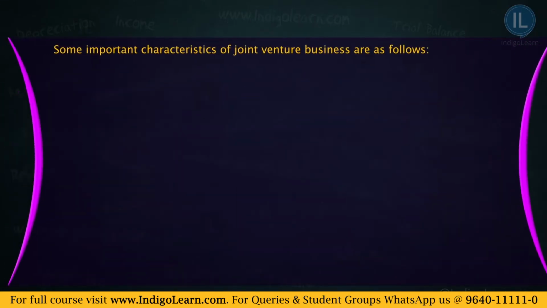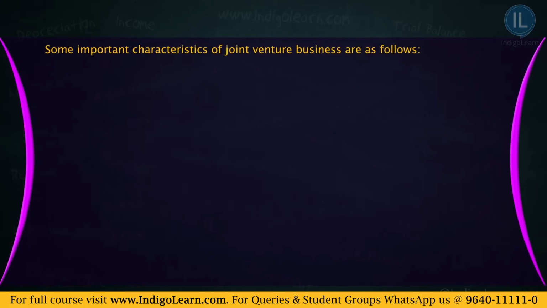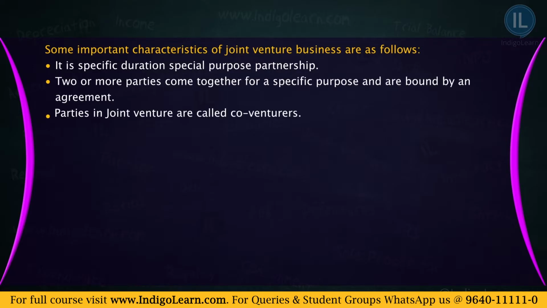So to summarize the characteristics of a joint venture, the first one is that it's a specific duration, specific purpose partnership. So it can be for a specific duration or a specific purpose. It is like a partnership, but it is not treated or accounted as a partnership. The second characteristic is that it involves two or more parties.